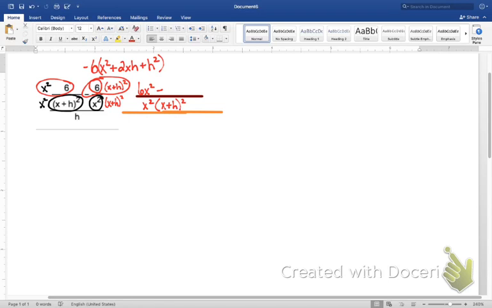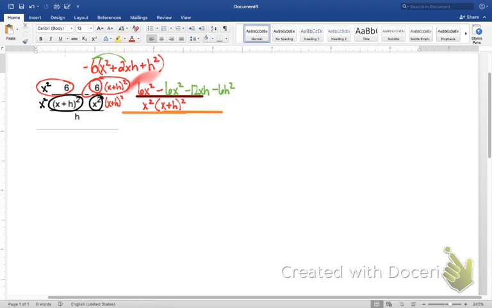So whenever I multiply everything through with the negative 6, I'm going to have negative 6x squared minus 12xh, then minus 6h squared.